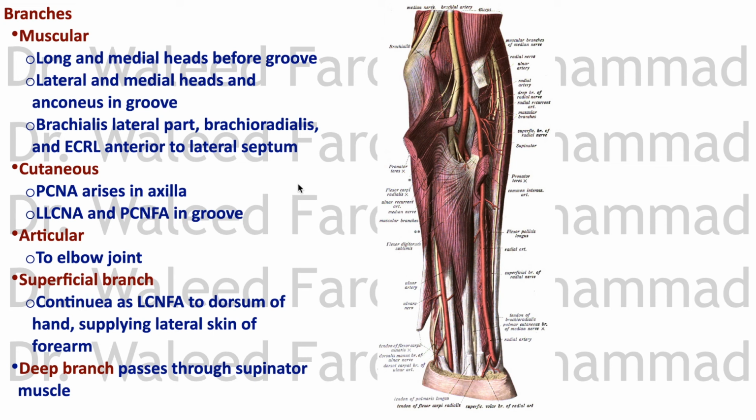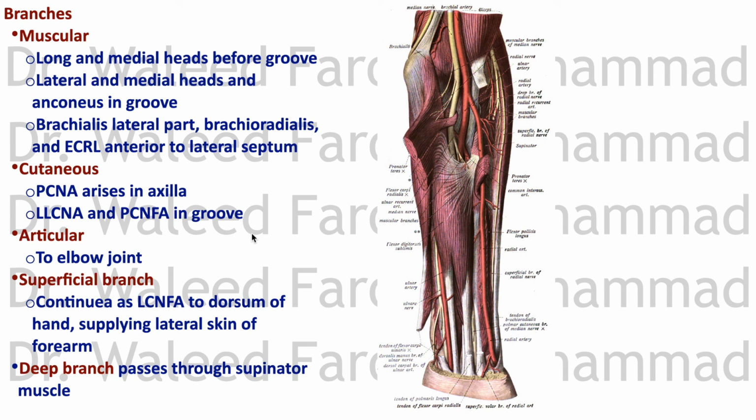After the groove, it supplies the lateral part of the brachialis, the brachioradialis, and extensor carpi radialis longus after piercing the lateral intermuscular septum. It gives articular branches to the elbow joint according to Hilton's law. Remember that any joint is supplied by the same nerves supplying the muscles acting on the joint.